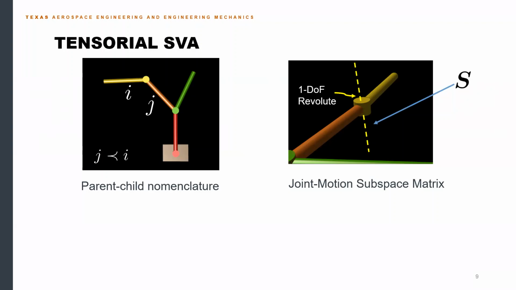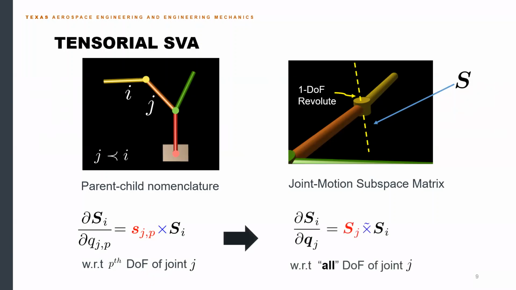For a revolute joint, this simply is a column vector. Now the partial derivative of S for a joint i with respect to the configuration of previous joint j is shown. In terms of spatial vectors, this can only be done for 1-DOF of joint j at a time. But with the help of new spatial matrices and associated operator, the expression can be collectively written for all degrees of freedom of joint j at once, resulting in a 3D tensor.